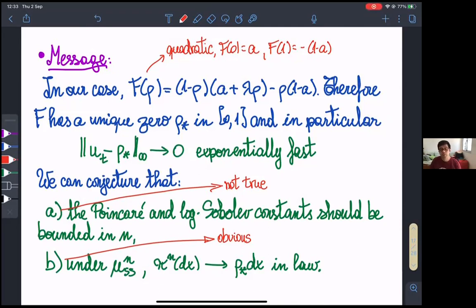The first thing is that the Poincaré and log-Sobolev constants should be bounded in N, because the Poincaré and log-Sobolev constants of the hydrodynamic equation are bounded in N. And the second is that under the stationary measure, the empirical density of particles should converge to rho star. This is something reasonable to think about.